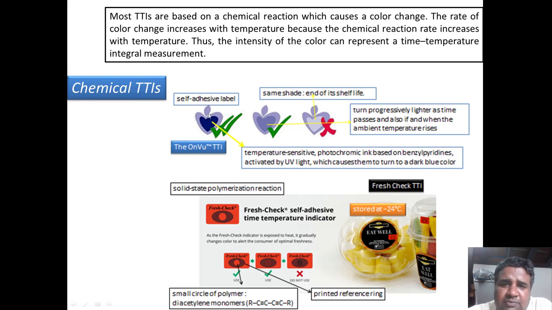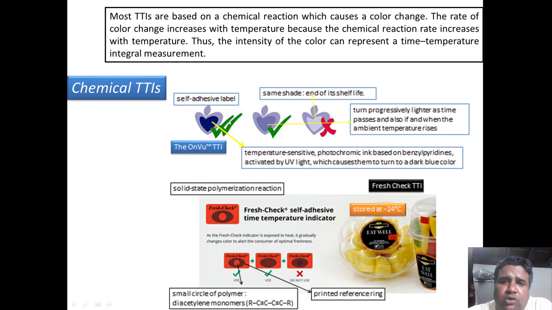This label is a photochromic ink based on benzyl pyridines, which is activated by UV light. When this ink is activated by UV light, it turns a dark blue color.